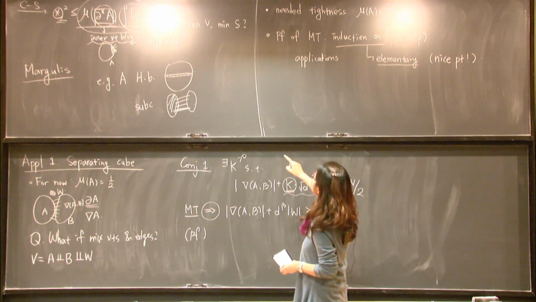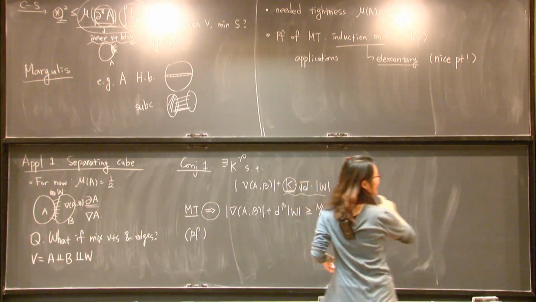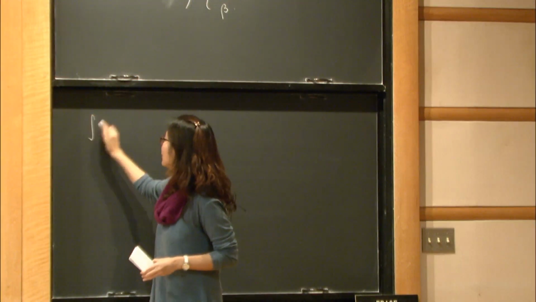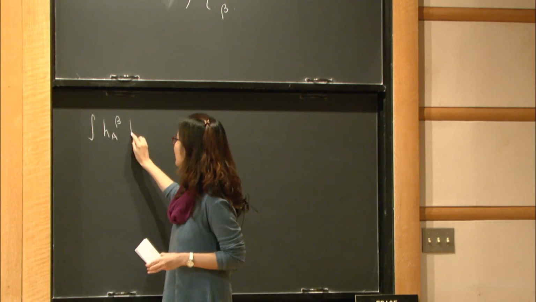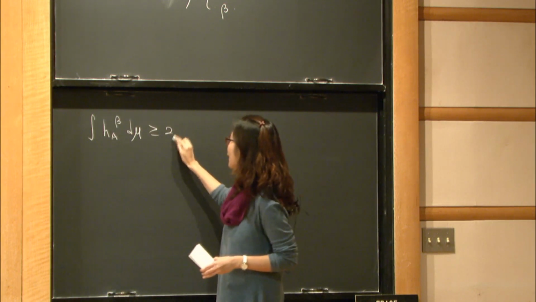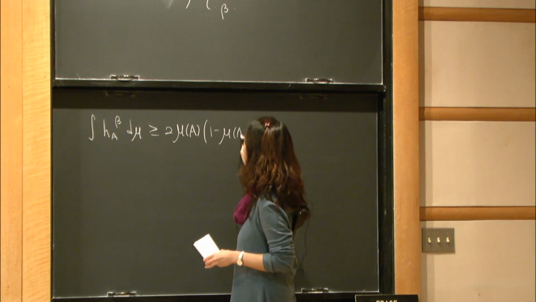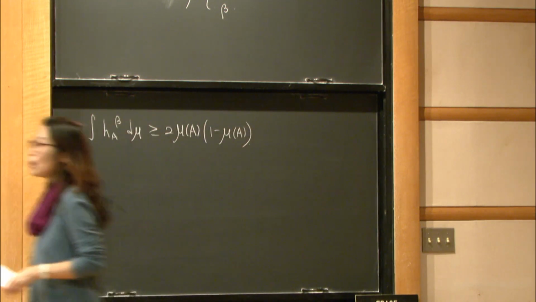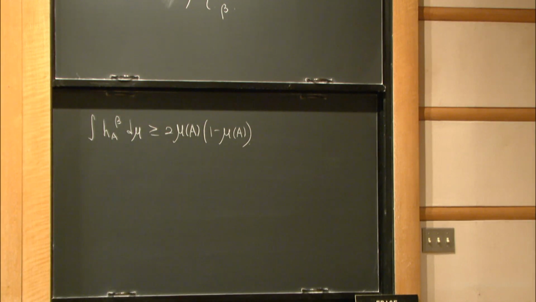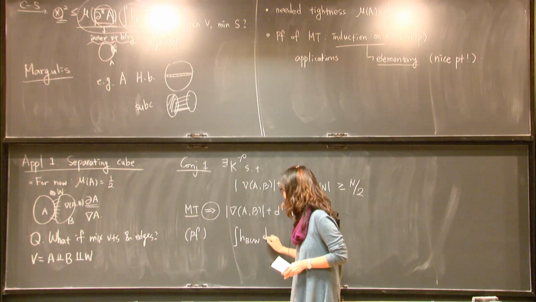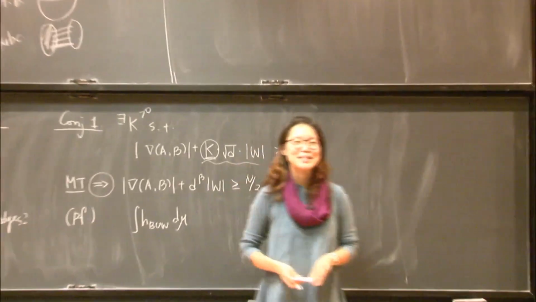I think I should keep our main theorem somewhere. So our main theorem is the integral of H_A to the beta d mu is at least twice mu of A times 1 minus mu of A. And we apply that inequality for B union W and see what happens.